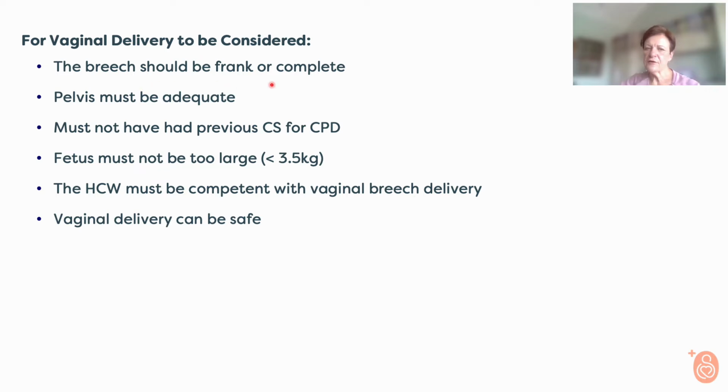When the breech is frank or complete. If the breech is a foot presentation or a knee presentation, the patient has to go for a cesarean section, because the danger that the foot prolapses before the cervix is fully dilated is very big, and then we have all kinds of complications.